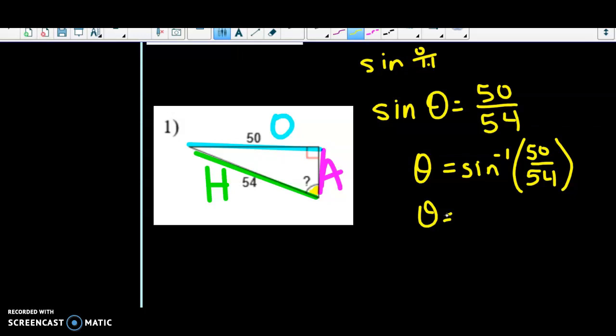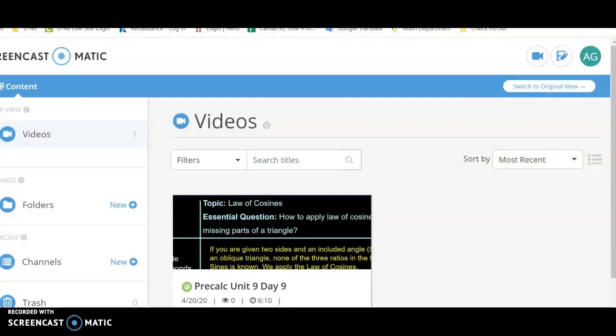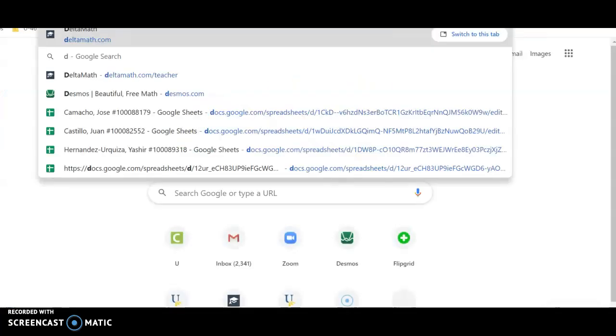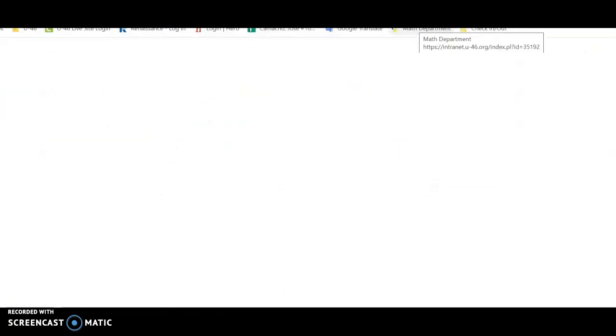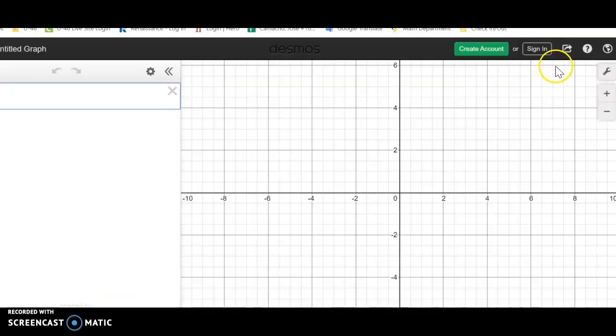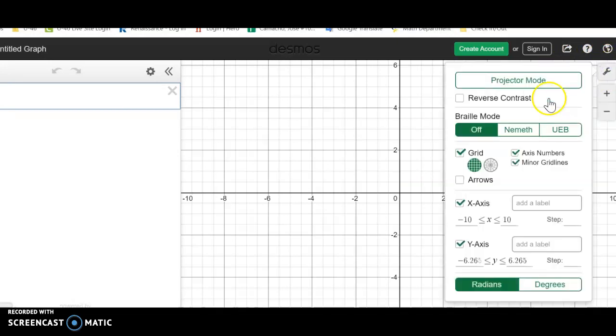So once I go to Desmos, I'm going to show you. Remember, you go over here to the right hand corner with the little wrench, and you're going to click on degree. Okay, once that's set, just click on insert.